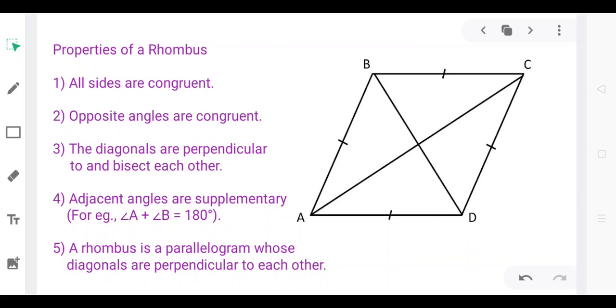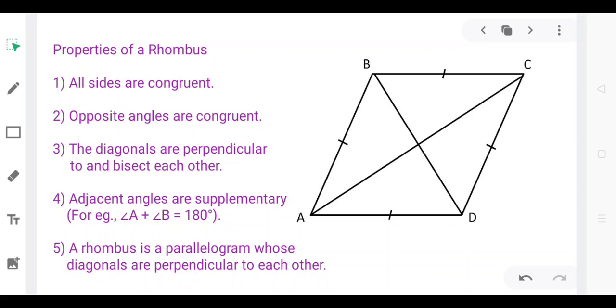The very first property that we have is all the sides are congruent. That is, all sides are equal. Second property, opposite angles of a rhombus are congruent. That means angle B is congruent to angle D, angle A is congruent to angle C.